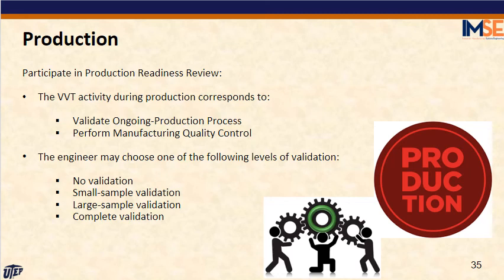During this process, it is important to keep certain risks and issues in mind, such as integration, system, logic, production engineering, quality assurance, and safety. The engineer may choose one of the following levels of validation: either no validation, a small sample validation, a large sample validation, or a complete validation.